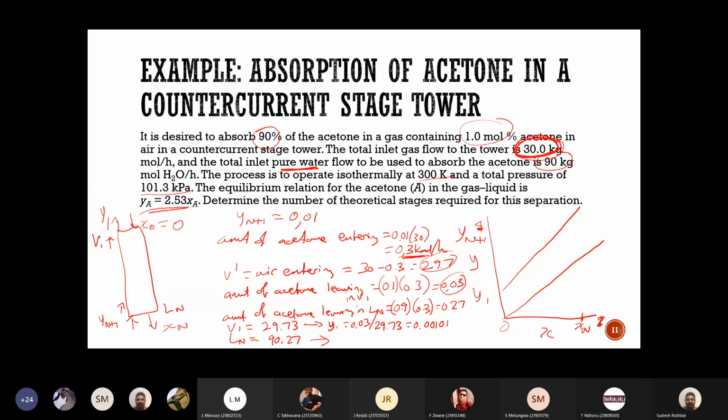How do I work out the mole fraction for Xn? Xn will be the amount of acetone divided by the total number of moles. The amount of acetone we've got is 0.27 divided by 90.27, and I get 0.003. Questions, people?